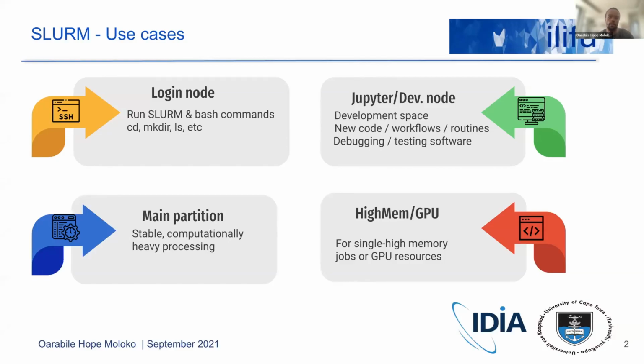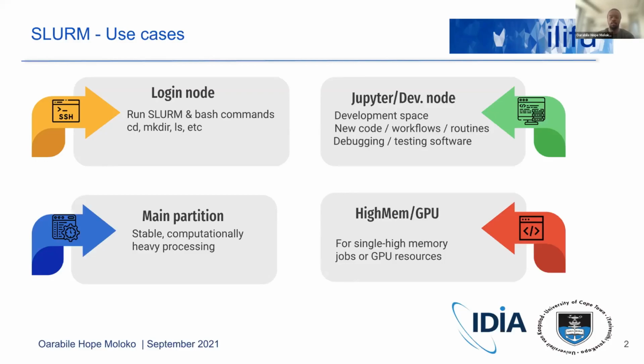Your Jupyter node can be thought of as a development space where you're testing software, plotting results, or anything that's not taking too long to run. Then you have your main partition, where most of the computationally heavy processing happens, and then you have the high mem. I didn't go too deep into it in the last training session, but today I'll get into it.